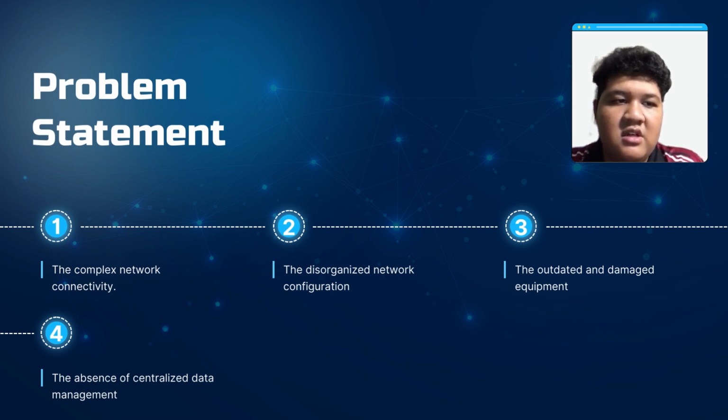The third one is the outdated and damaged equipment. The use of outdated and damaged equipment hampers device functionalities and network accessibility. And the last one is the absence of centralized data management. The company lacks a centralized data management system, causing inefficiencies in data storage and updates.